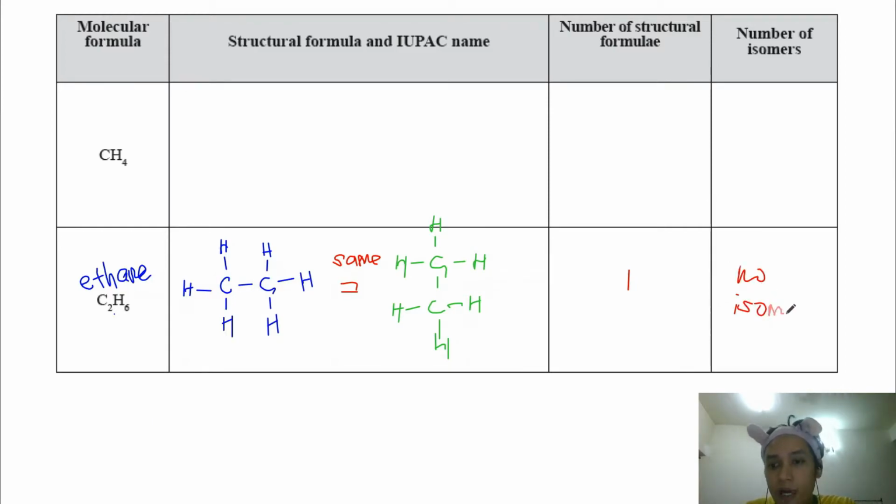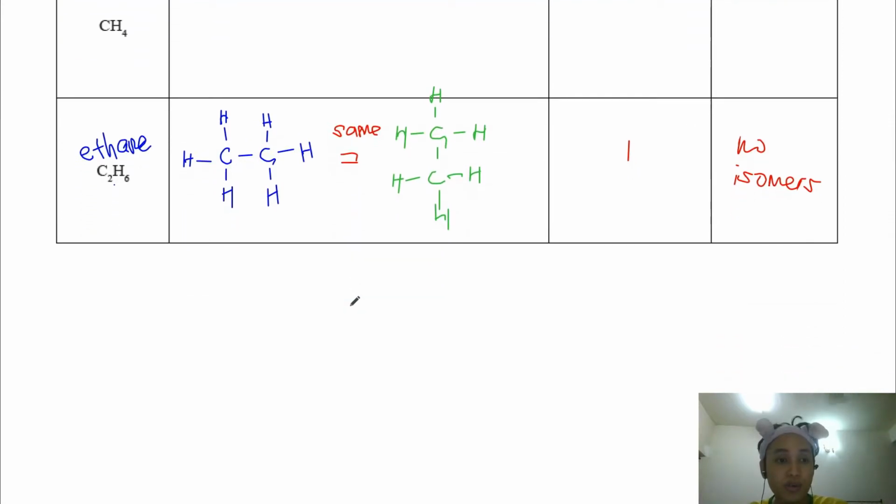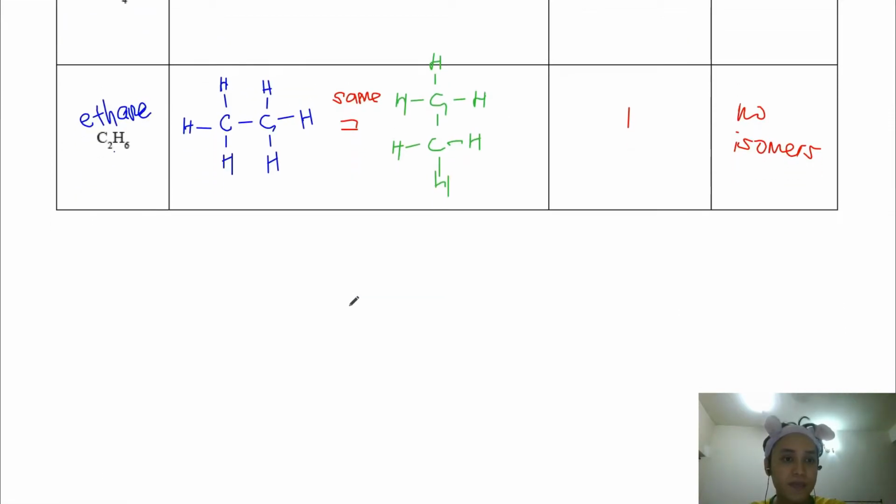You have isomers when you have different structural formulas for one compound. This one is not different, this is the same thing because you just rotate.